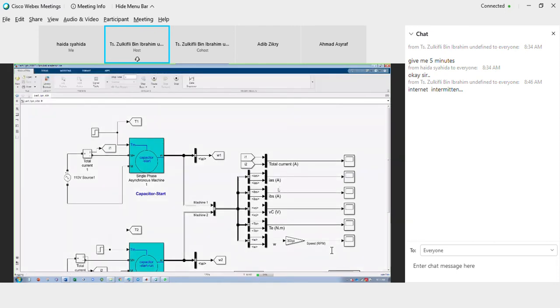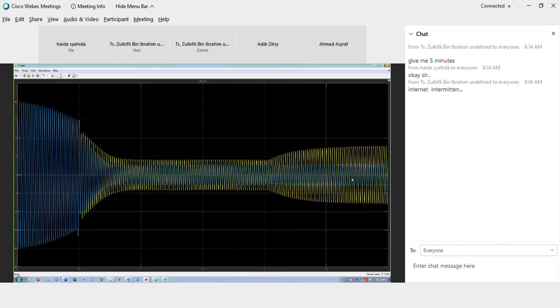The current of course will be higher, IS. You see the current. This is at no load condition. And this part is called the starting current.